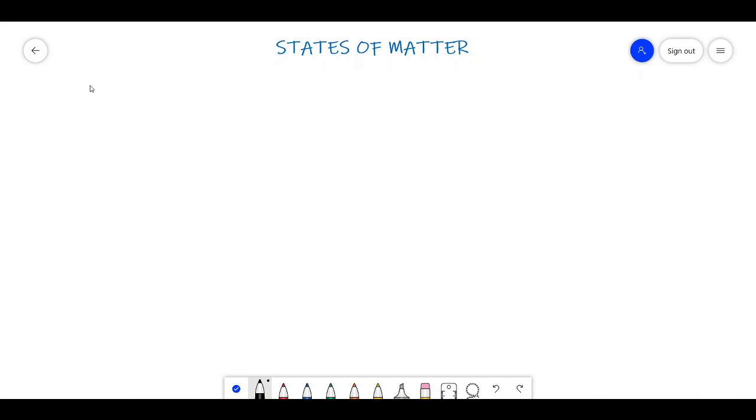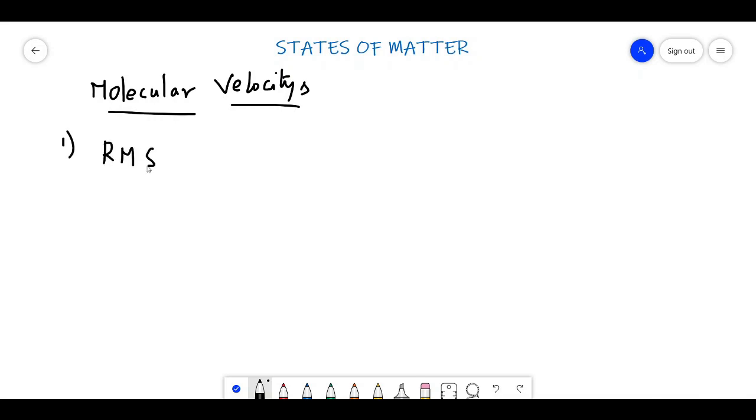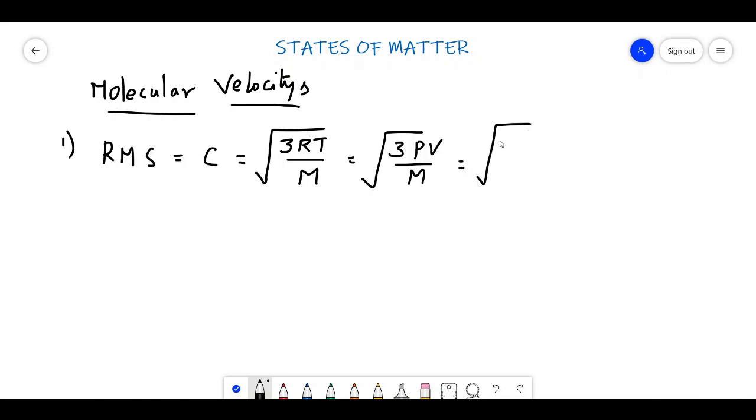Next topic is molecular velocities. In the molecular velocities, the first molecular velocity is RMS velocity, and this RMS velocity is denoted by C, and has the equation C is equal to under root of 3RT by M. This equation can also be taken as under root of 3PV by M, and you can also take this equation as under root of 3P by D. Here PV is equal to nRT, so in the place of 1 mole of a gas, this RT is equal to PV.